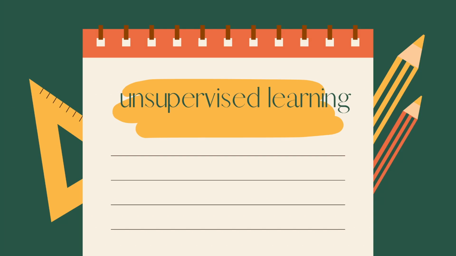Then there was a question related to unsupervised learning. We have discussed it a number of times in the lectures. What is unsupervised learning? It is the use of AI algorithms for identifying patterns in a data set containing data points that are neither classified nor labeled.